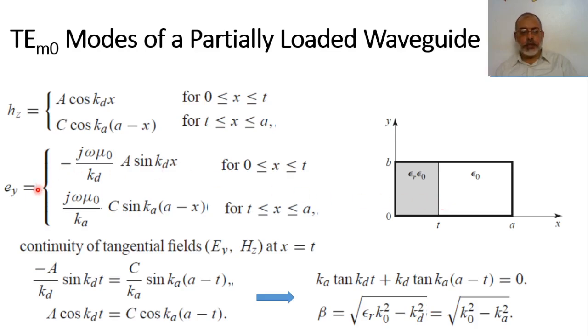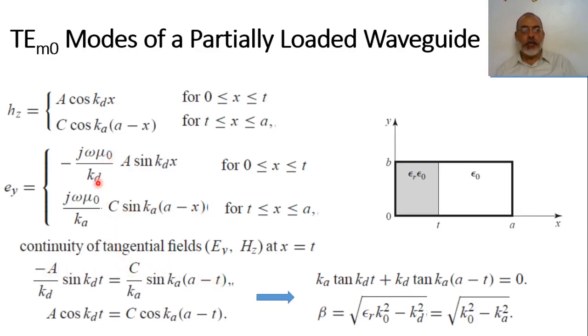So by substituting the value of x by t, minus j omega mu over kd a sine kd t should equal j omega mu over ka multiplied by c sine ka a minus t.